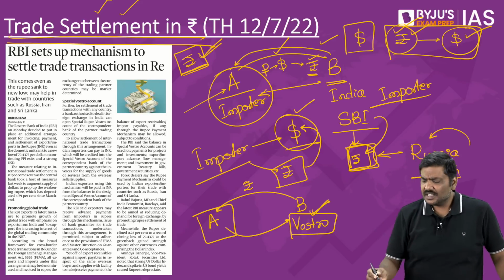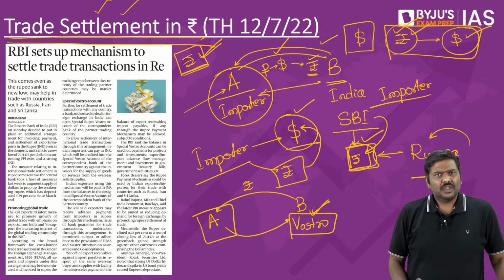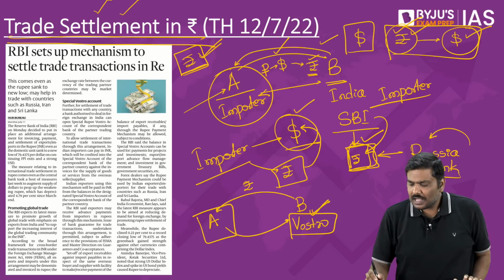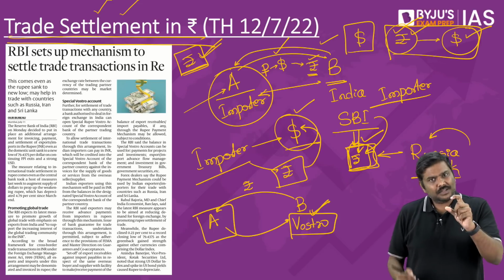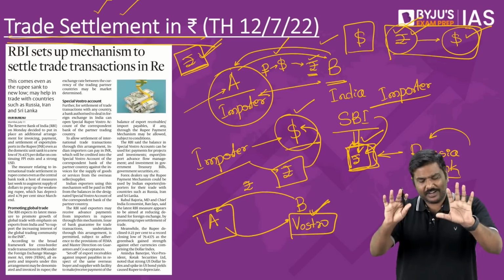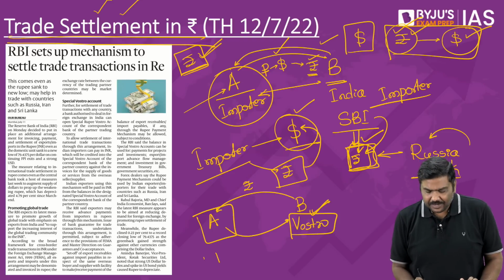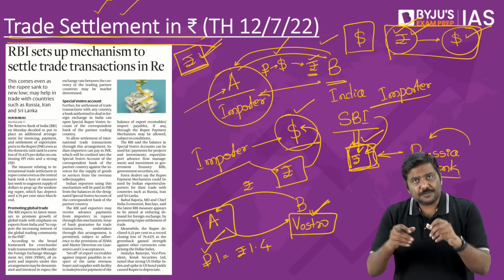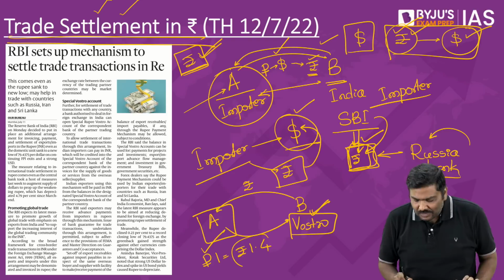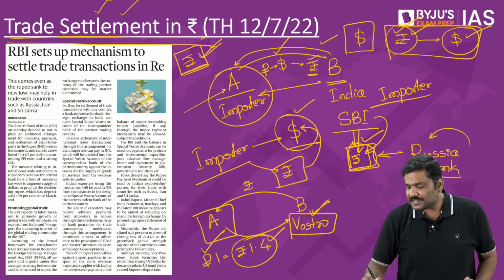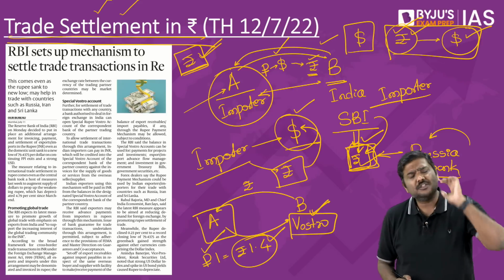Now the second thing is, sir, what you said is okay. If I am an importer, I will make the payment in rupees equivalent to the ruble. For example, if I conduct a trade worth, let's say, 1 ruble, which is almost equivalent to 1.4 rupees, and I am importing this amount of goods, I will deposit this 1.4 rupees into this Vostro account held with the SBI.